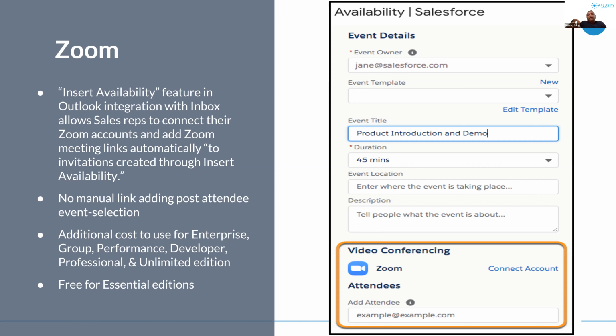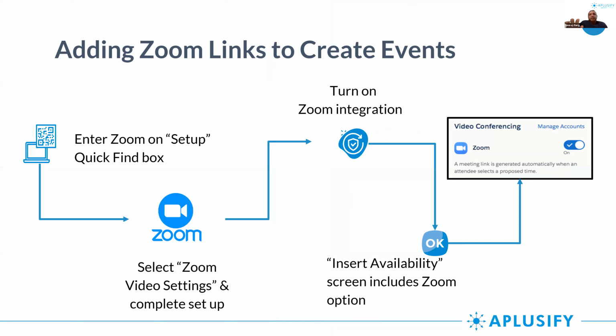So it sounds a bit confusing, but once you follow these steps, it's quick to use, because you just go to the Zoom settings, set up your account from which you would be sending the Zoom invite, and as soon as you send the meeting invite, the Zoom link is sent along with it.